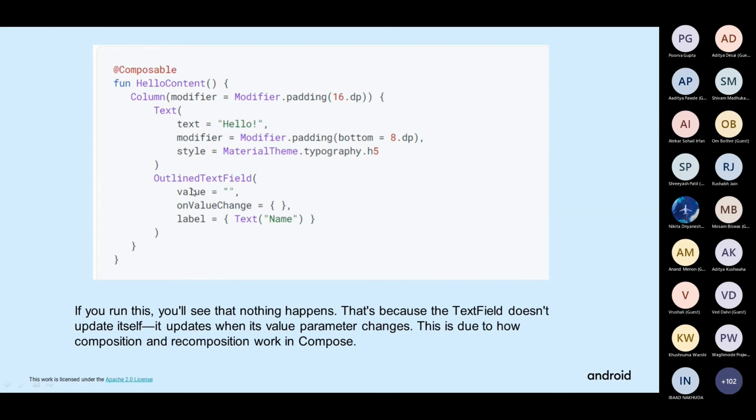In OutlinedTextField, the onValueChange is blank, we don't have anything like remember or anything else, and in the label we have the text Name. So what happens if you run this code? You will see that nothing happens. That is because the text field doesn't update itself. It updates when its value parameter changes. Here the value parameter does not change.